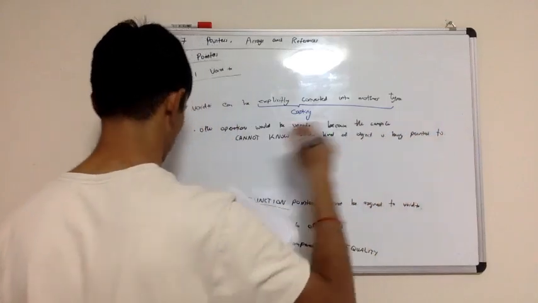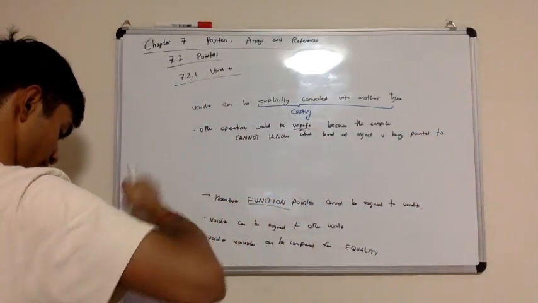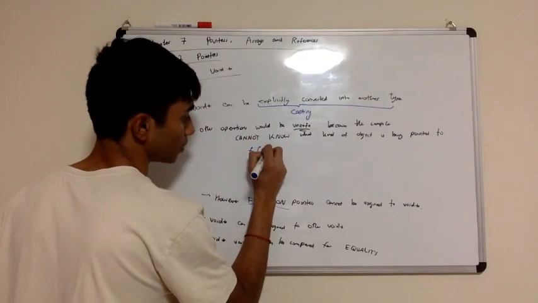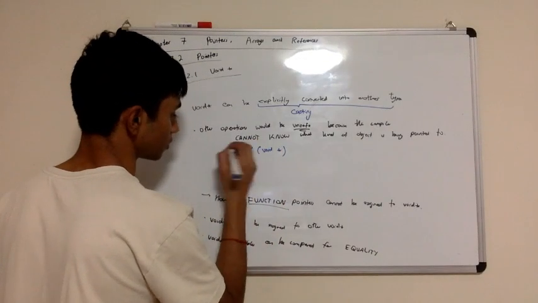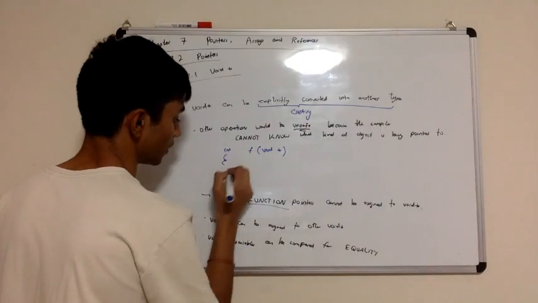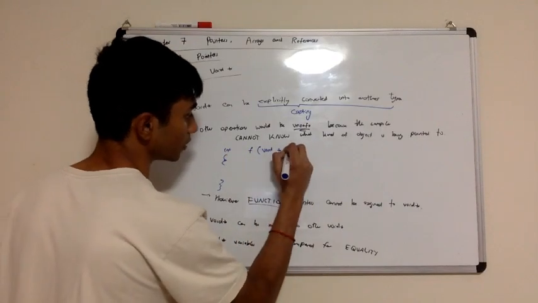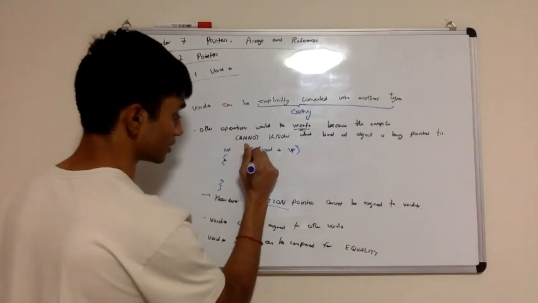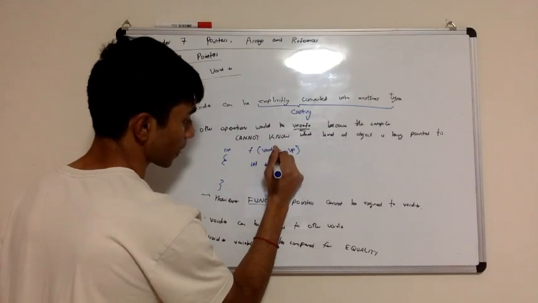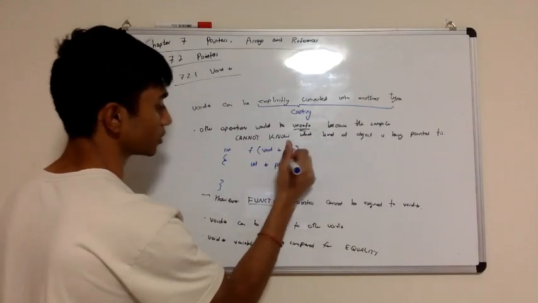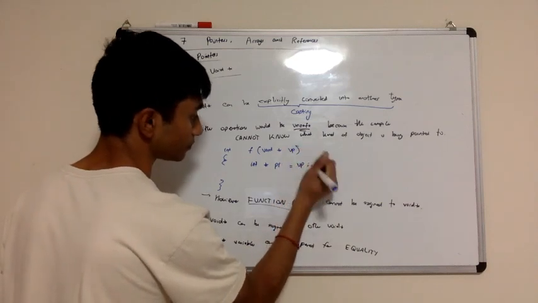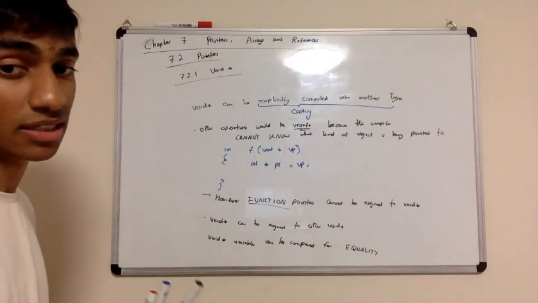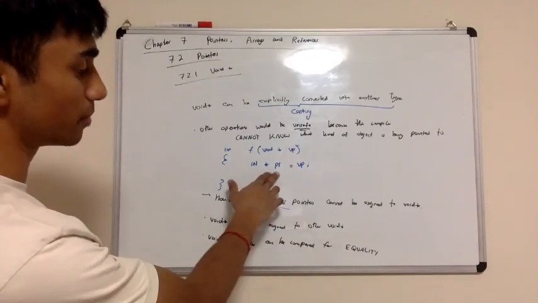Just to give a quick code example, say you had a function f that takes in a void star pointer, which I'll call VP for void pointer, and returns an integer. If my first bit of code is int star pi, for pointer to integer, equal to VP, I'm trying to take the address at VP and give it to the integer pointer pi.